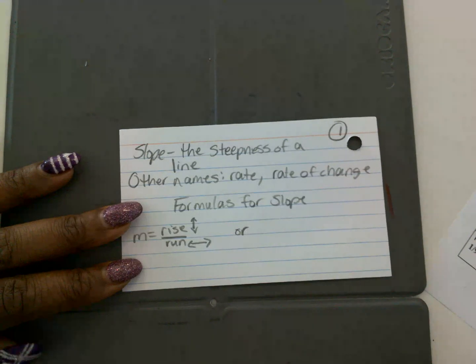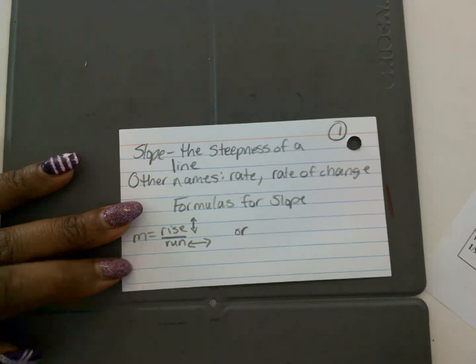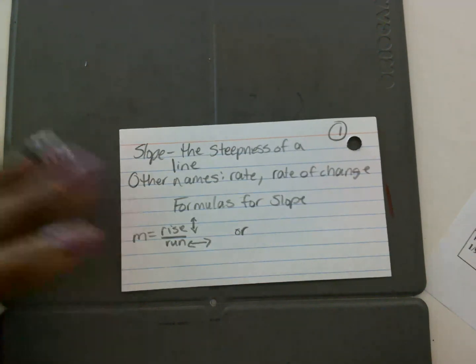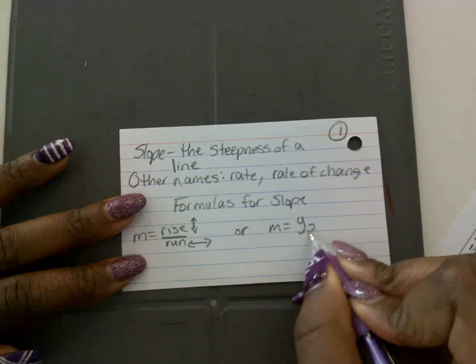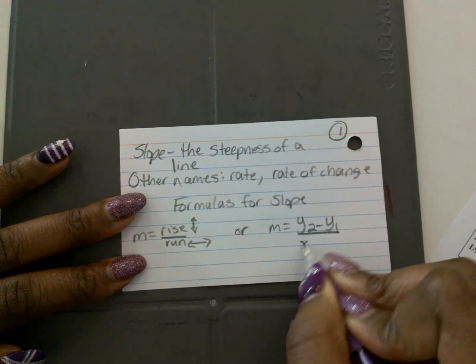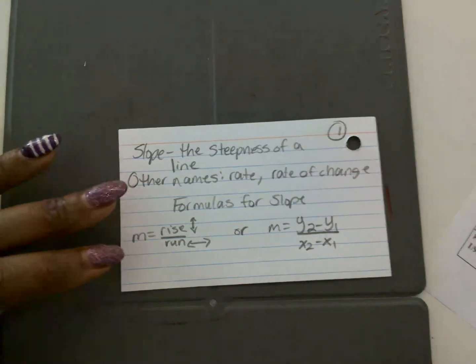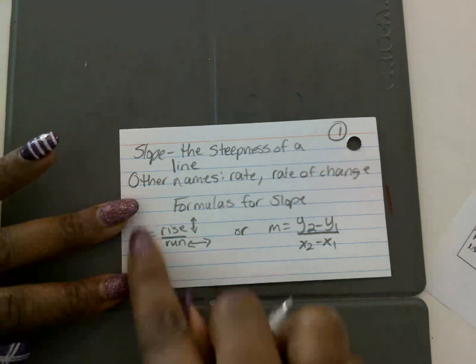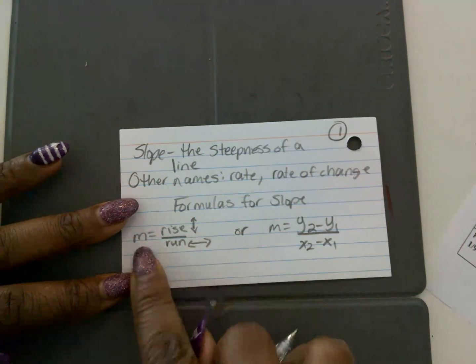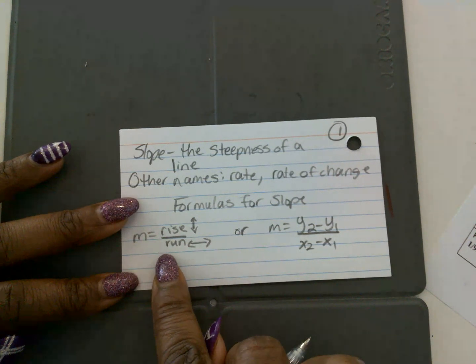There's a second formula for slope. The second formula for slope is y2 minus y1 over x2 minus x1. Use this formula when you have a graph or a line.